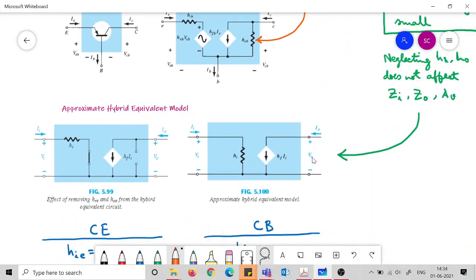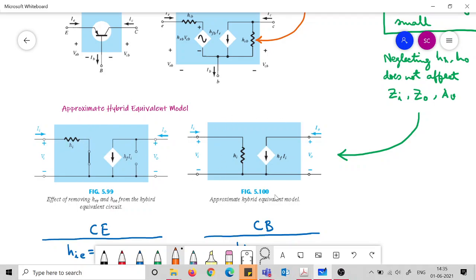We can come to this approximate hybrid equivalent model, where you see the HR is made 0, and when the HR is made 0, this branch is shorted, and when the H0 is made 0, this branch gets open. So what are we left with from this?